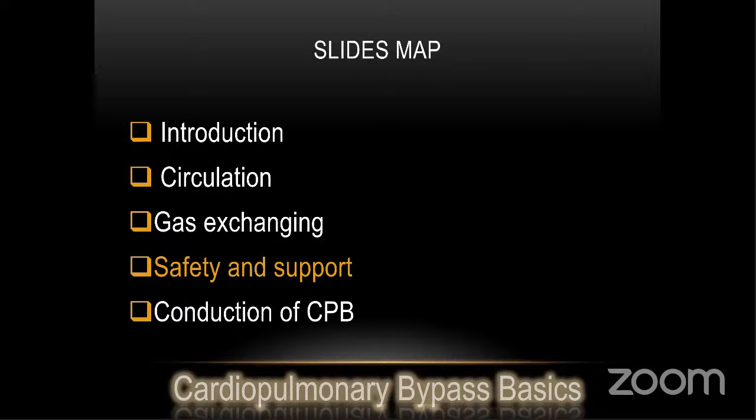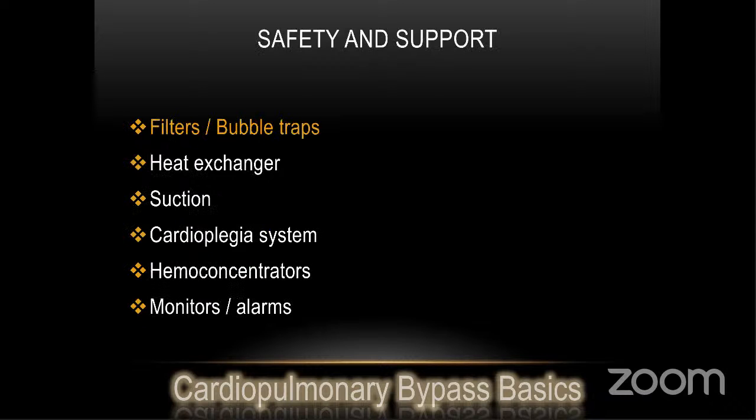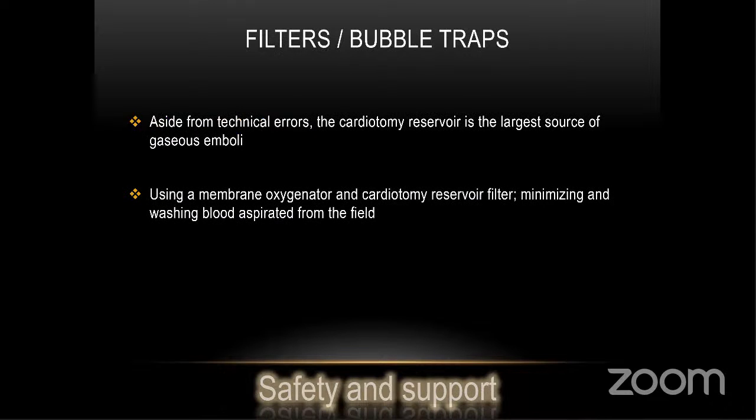Let's move to the fourth part of the lecture, safety and support, where we'll talk about different safety and machine supportive devices. We'll start with the filters and bubble trappers.